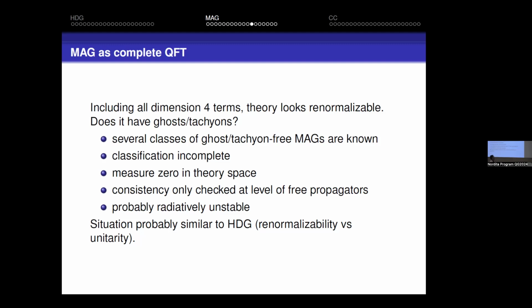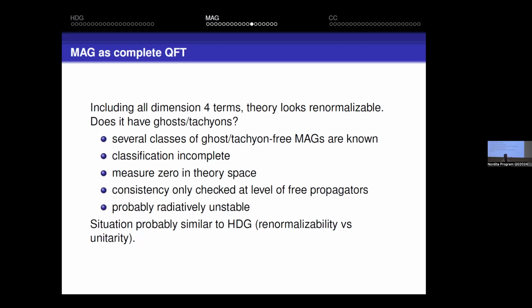What is known about this is that there are known classes of metric-affine gravities that are ghost and tachyon free. But these subclasses are of measure 0 in the metric-affine gravities.